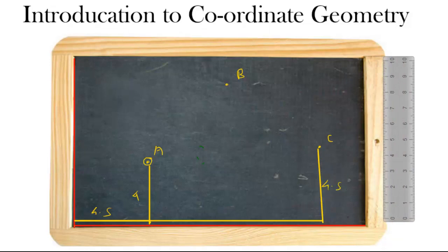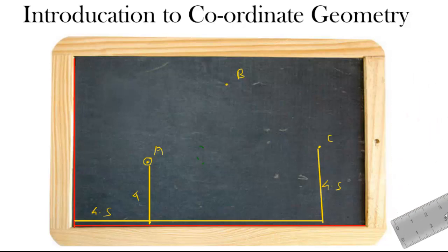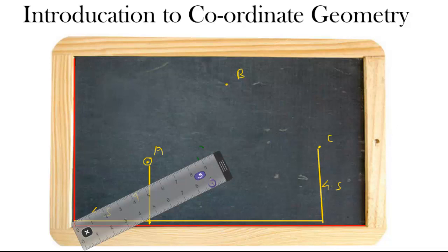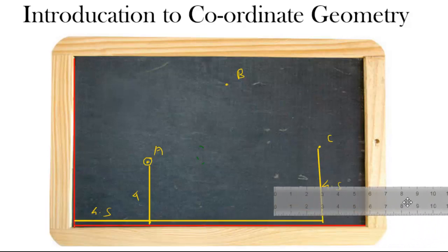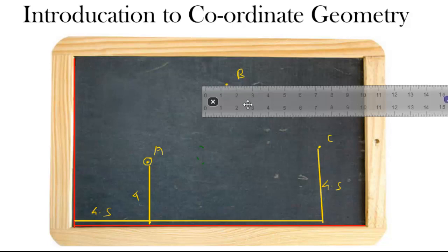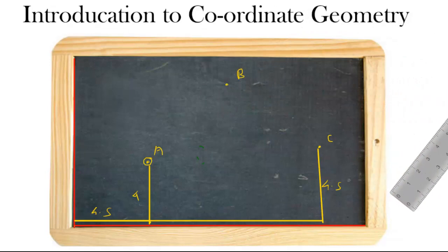The horizontal distance is about 16 centimeter. So the horizontal distance we have traveled to reach point C is 16 units, or 16 centimeter.